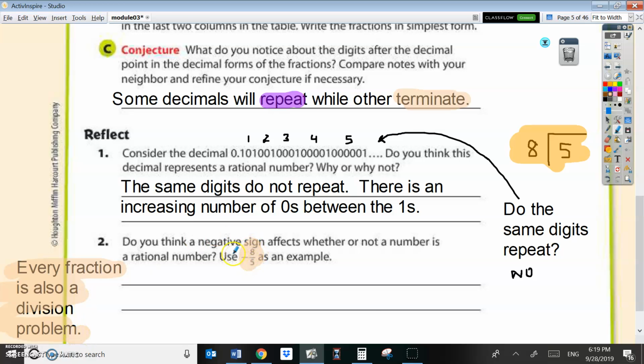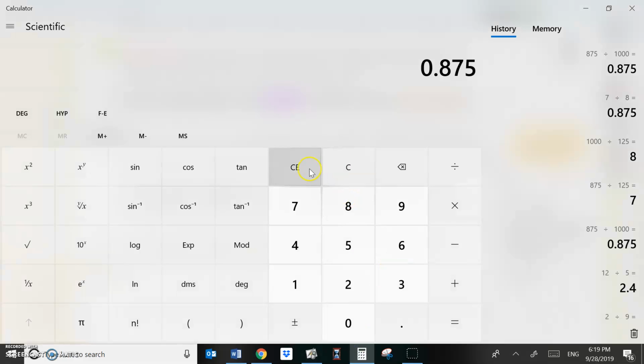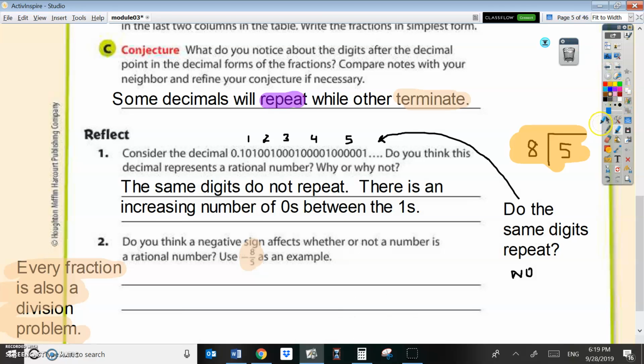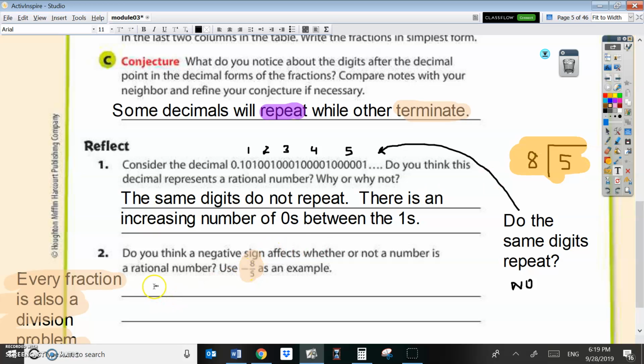Negative 8 divided by 5 equals negative 1.6.